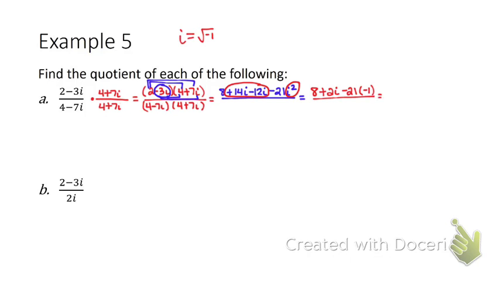Still got work to do on top, so I'm going to keep going. Now I can deal with this multiplication here. So we got 8 plus 2i. And what's the negative 21 times negative 1? Positive 21.